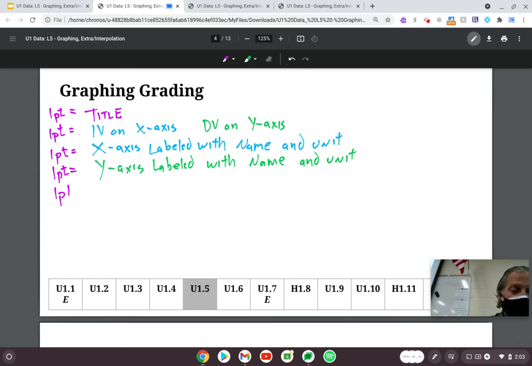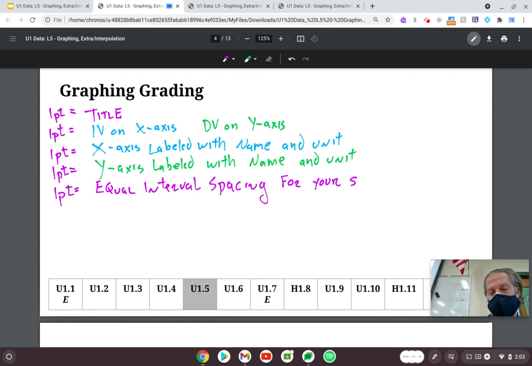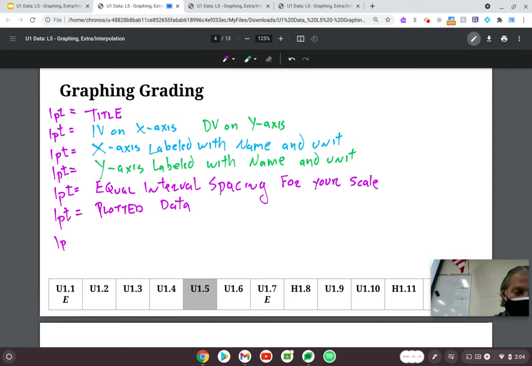And then for another point, you will have equal interval spacing on your scale. And for yet another point, you will have your plotted data. And for even another point, you'll have drawn your trend line.